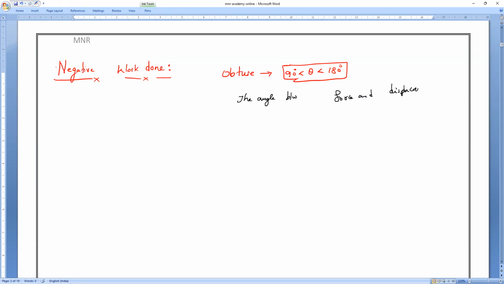Displacement means the object is in motion or state of rest? Everybody, the object is showing displacement, so it is a state of motion. Motion of a body, obtuse, means the angle varies from 90 to 180.